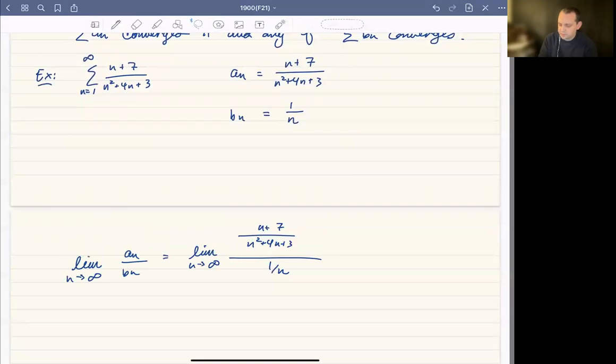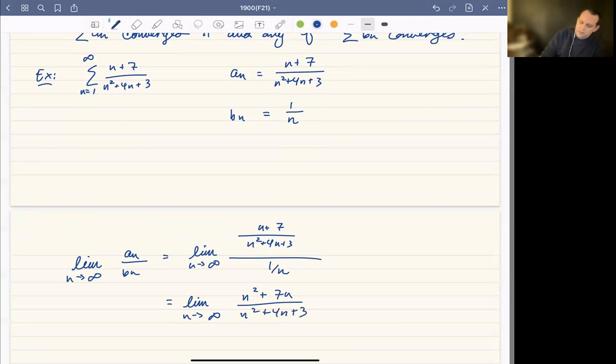If we are dividing by 1 over n, this is the same as multiplying by n. So it's going to end up being n squared plus 7n over n squared plus 4n plus 3.